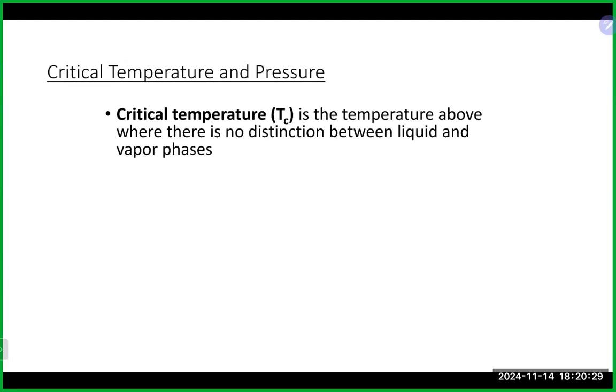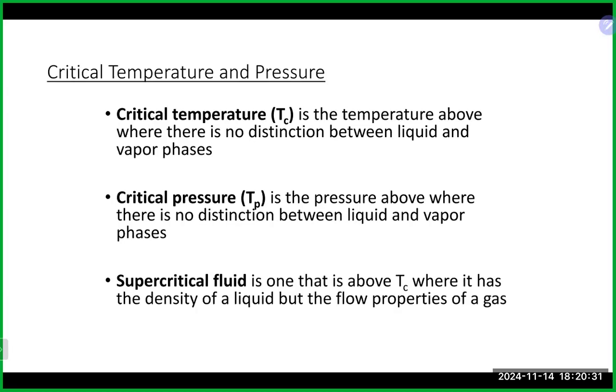So if we look at a few more important parts on a phase diagram, and we'll take a look at one in just a second, there is what is referred to as the critical temperature. And the critical temperature is the temperature where there really is no distinction between the liquid and the gas phase. So it's that temperature where if you hit it, it just all kind of flows together. So you have some properties of that compound at that point that are very much like a liquid, and some that are very much like a gas.